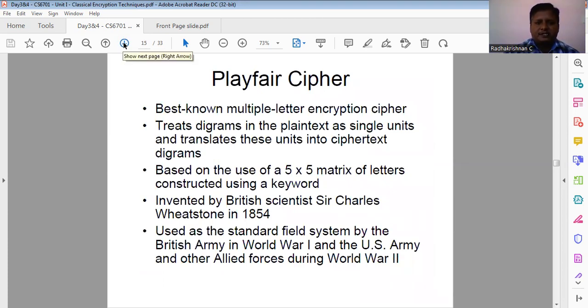Next, the Playfair cipher. The Playfair cipher is the best known multiple-letter encryption cipher. In the previous example, we concentrated on each and every character at a time, but here multiple letters are encrypted at a time. It treats digrams in the plaintext as a single unit and translates this unit into a ciphertext digram. A 5 by 5 matrix of letters is constructed using a keyword.